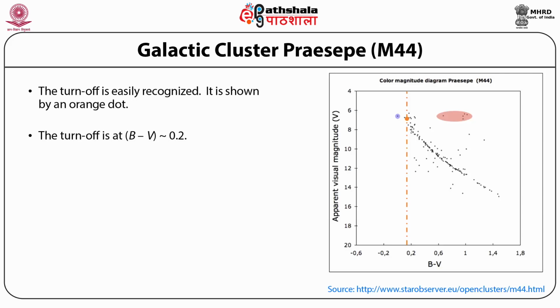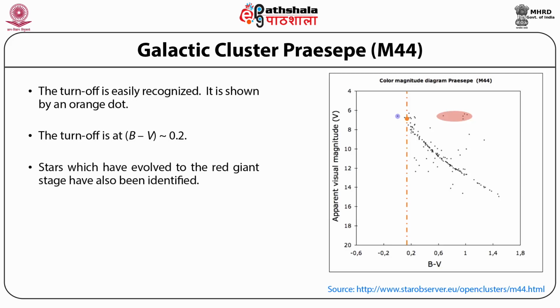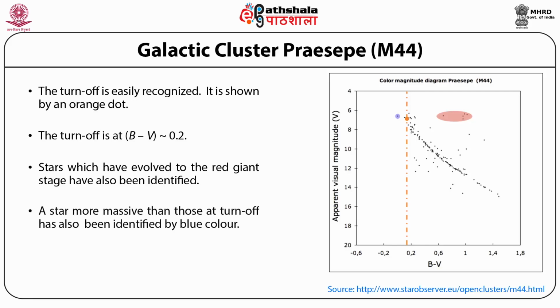Notice that here the y-axis has the apparent magnitude, and the stars which have evolved to the red giant stage have also been identified. A star more massive than those at the turn-off has also been identified by the blue color. Such stars are called blue stragglers.